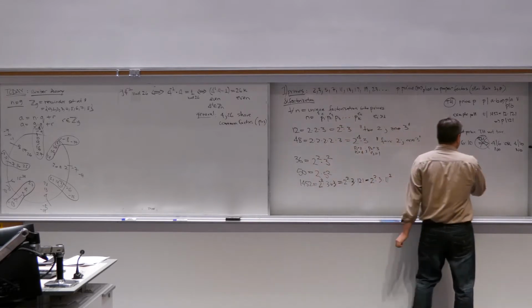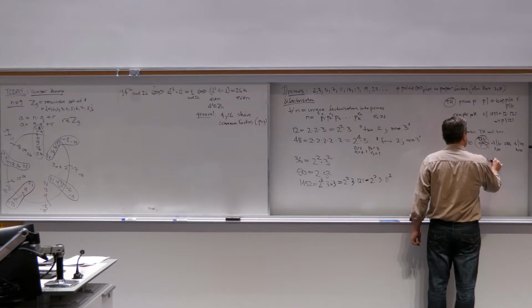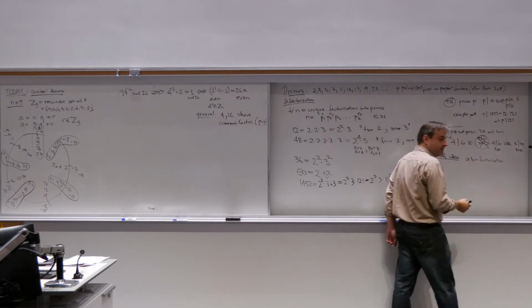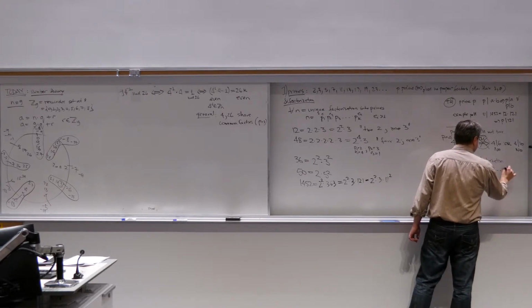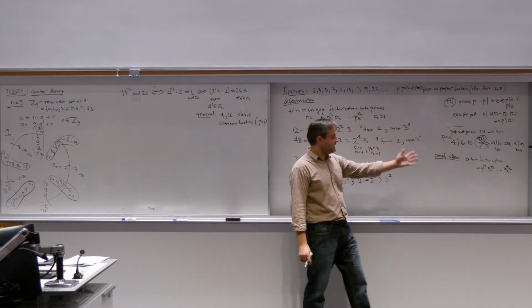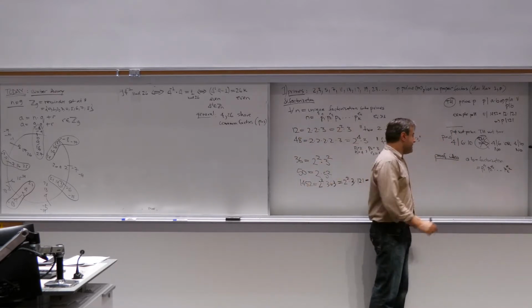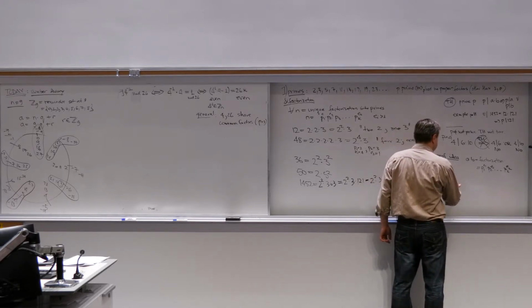Here's what I'm going to say. A times B has a factorization. Any number has a factorization. Let's say that factorization is some P1 to the E1 times P2 to the E2 times Pk to the Ek. Right? There's a bunch of prime numbers with exponents that give me A times B. Now, P divides the product, and P is prime.